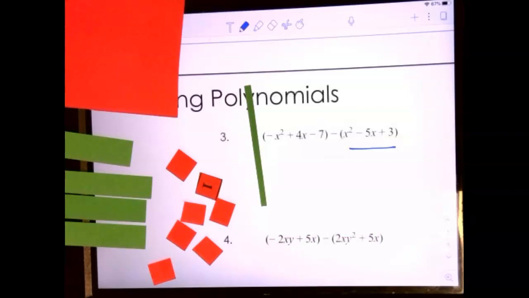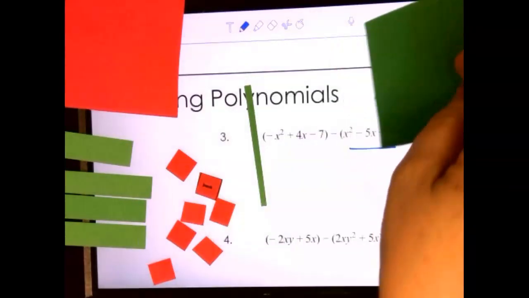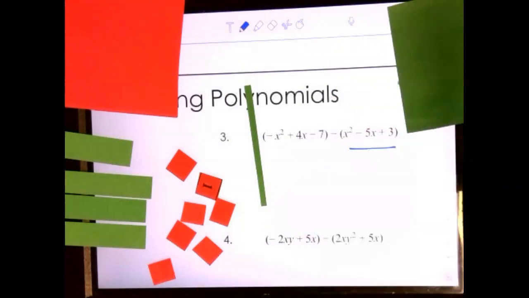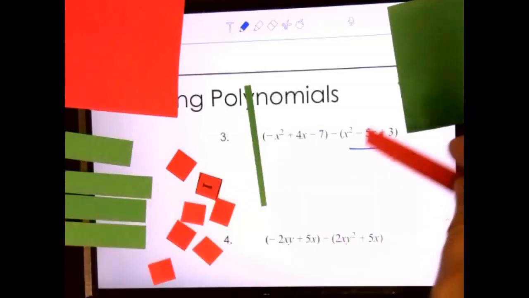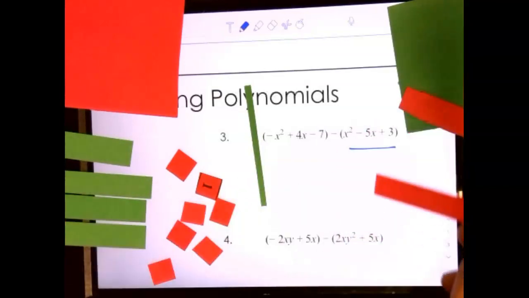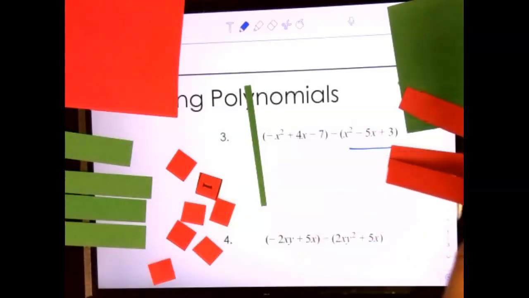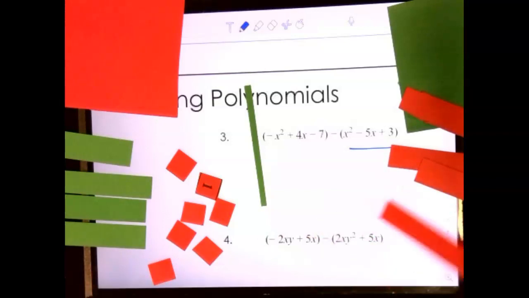So, what I'm going to do is I'm going to take my positive x squared, negative 5 x's, and positive 3.